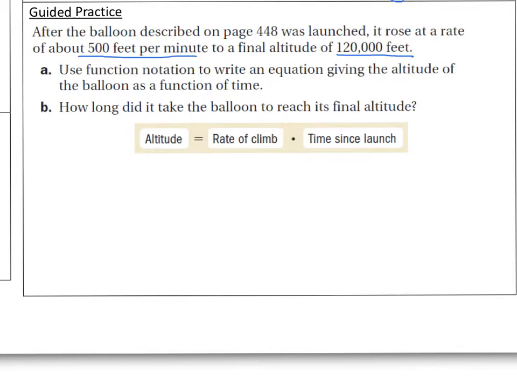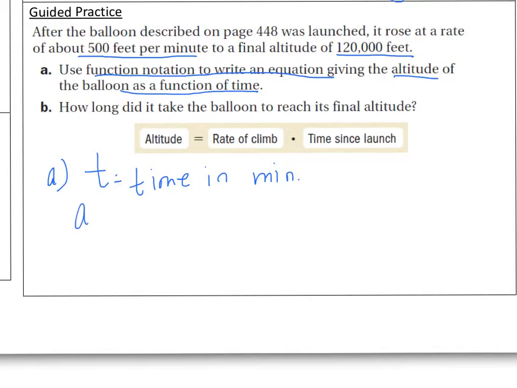So the first thing you need to do is use a function notation to write an equation giving the altitude of the balloon as a function of time. So for A, I'm going to let t equal time in minutes. And A just represents altitude.